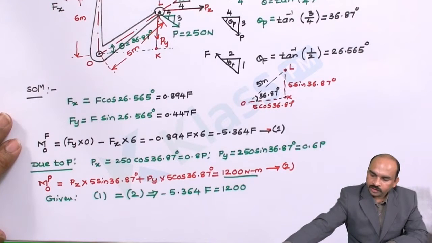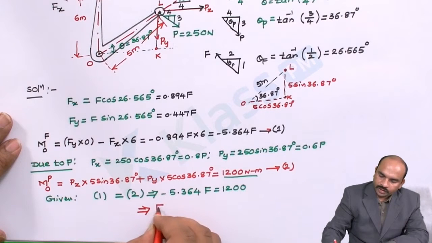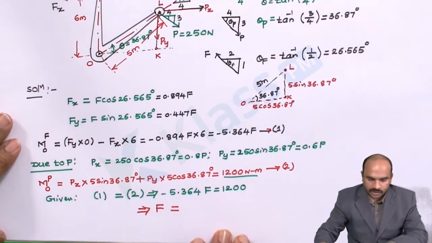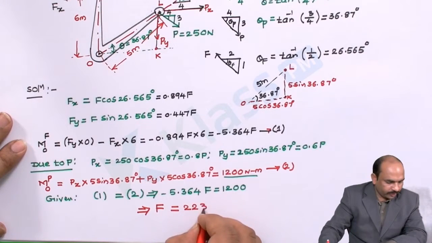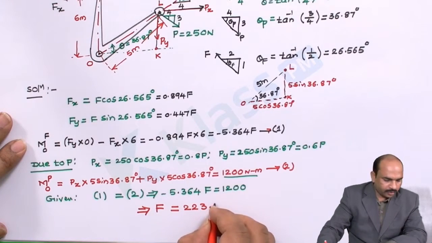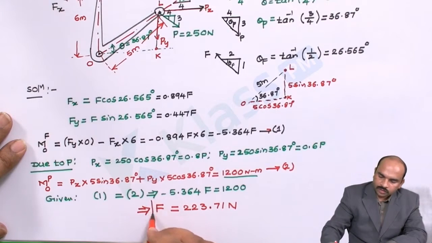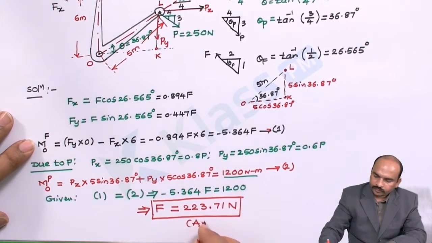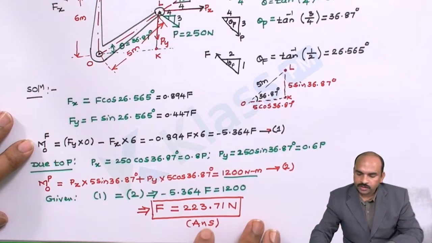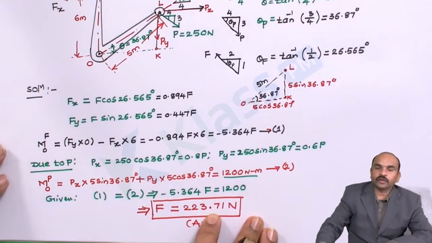So equating these two values, we are getting the force F as 223.71 newtons. So this is the answer we are getting. Now the answer is 223.71 newtons.